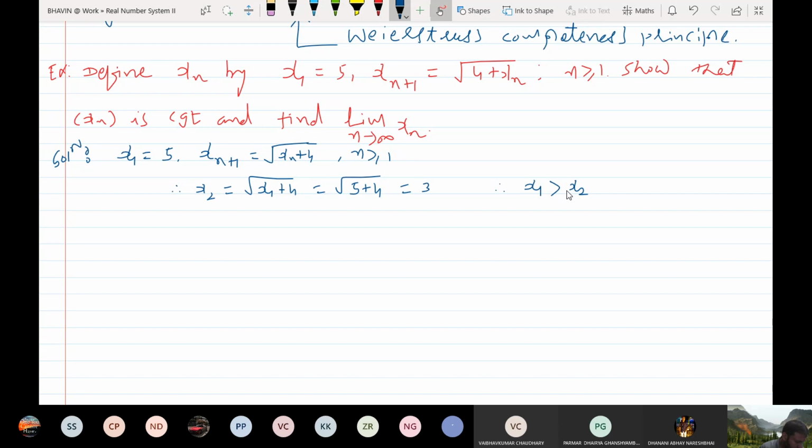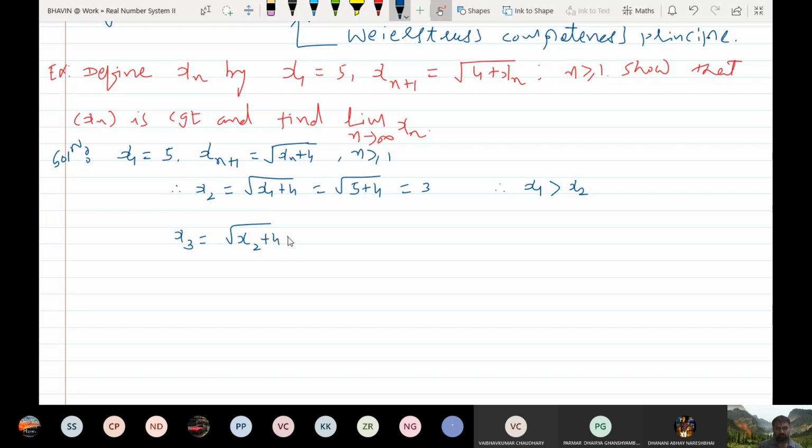Now let us find a few more terms. In a similar way, what is x3? Put n equal to 2 so that you will get x3.